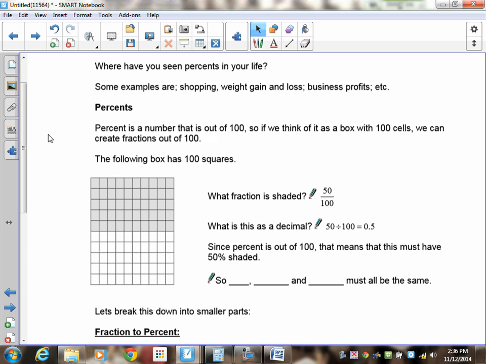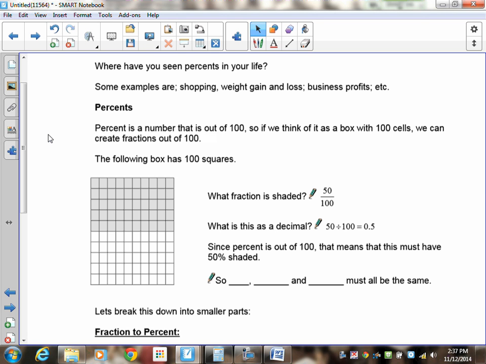So a percent is a number out of 100. So if you think of a box of 100 cells, you can create fractions out of 100. So here's a box that has 100 squares. It's 10 by 10. So if you take a look at this and I asked you what fraction is shaded, well, you could count them up. There is 50 out of 100. What is this as a decimal? 50 divided by 100 is 0.5. So since percent is out of 100, that means that this must have 50% shaded.